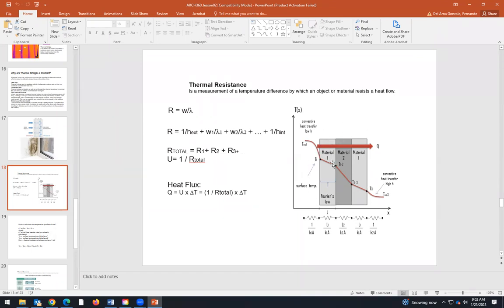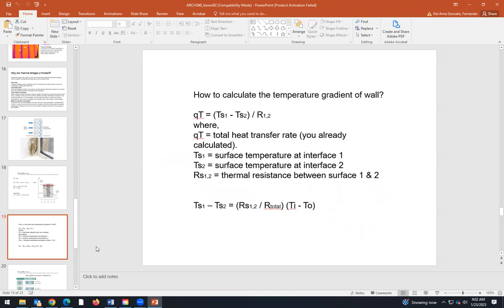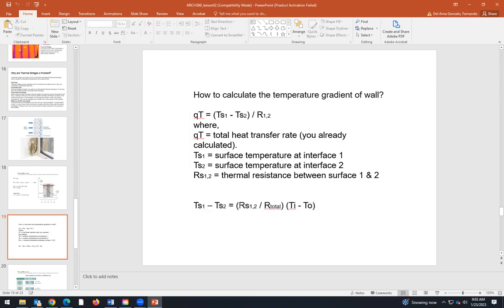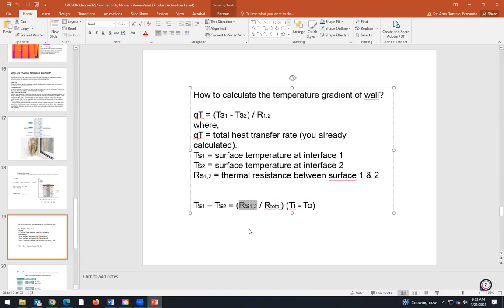We have a wall made of different layers, and we have the indoor temperature and the outdoor temperature. So we are going to try to define the temperature within the wall. How can we do that? The formula is this, and we are going to apply it. But to apply this formula, we need to remember some of the concepts that I'm sure you learned in 260.